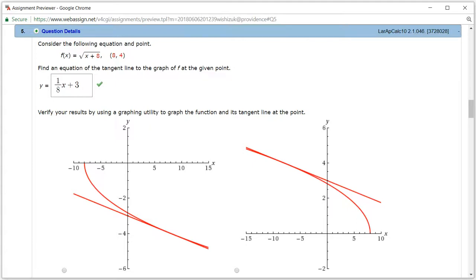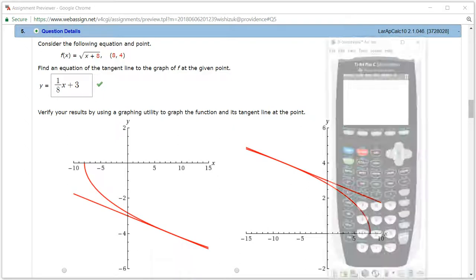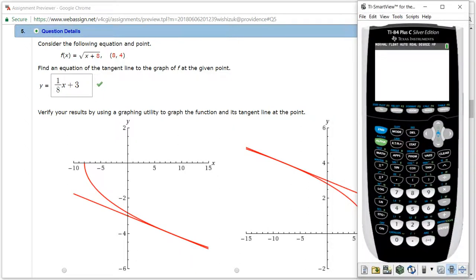Now verify your result by using a graphing utility. So let's do that. Bring out the calculator here. We need to type in the function, which is the square root of x plus 8.